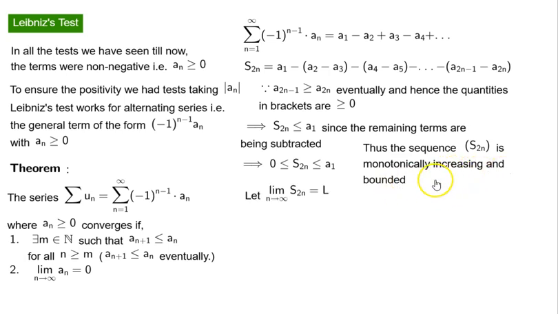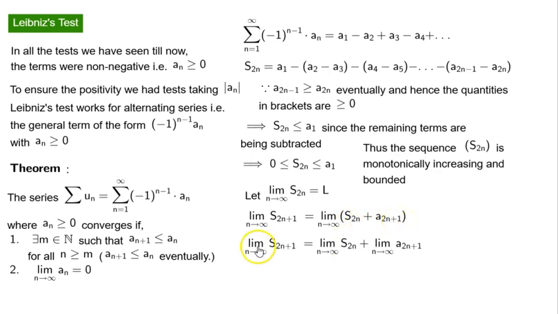So since it is bounded, let the limit as n goes to infinity of S sub 2n be equal to L. Then the limit as n goes to infinity of S sub 2n plus 1 is equal to the limit as n goes to infinity of S sub 2n plus a sub 2n plus 1. We are splitting this using algebra of limits: limit of S sub 2n plus limit of a sub 2n plus 1.